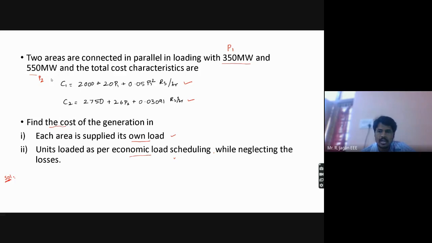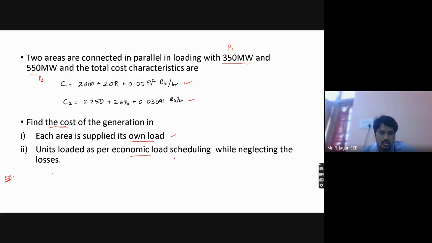I can raise the load up to 350 and some other person can raise the load up to 550 megawatt of power. That is the own load. This is the direct question: substitute the P1, P2 values in C1, C2 to get the cost of generation when the two areas are supplied their own load.